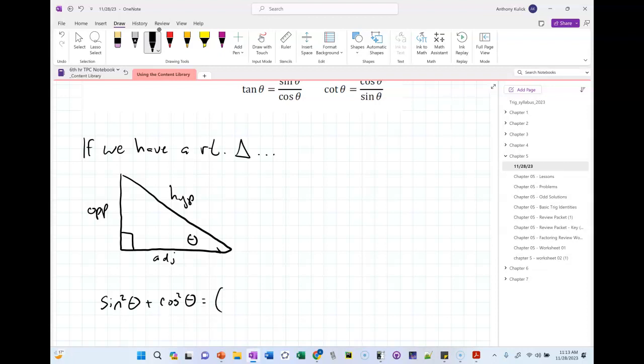In this right triangle, what is sine of theta going to be? Well, what's SOHCAHTOA say? Opposite over hypotenuse. And cosine is adjacent over hypotenuse.